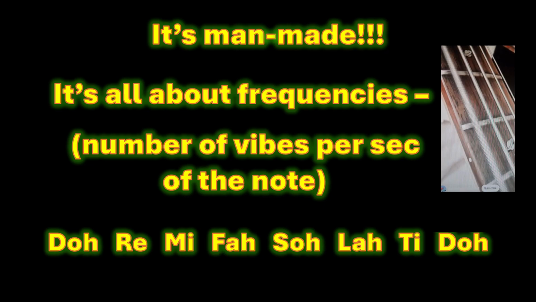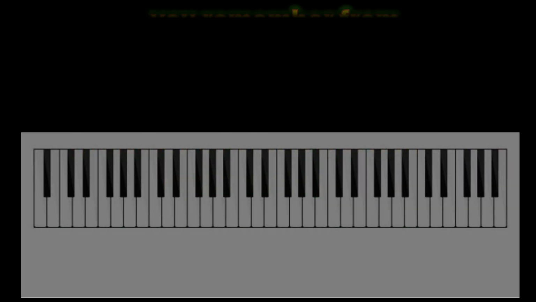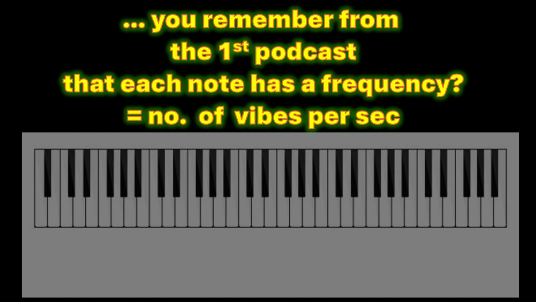The pitch of the note is the number of vibrations per second, and the frequency of do, re, mi, etc. Those frequencies are related to each other. Let me explain. Do you remember from the first podcast that every note has a frequency? That is, the number of vibrations happening per second.